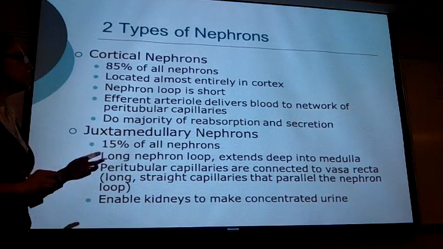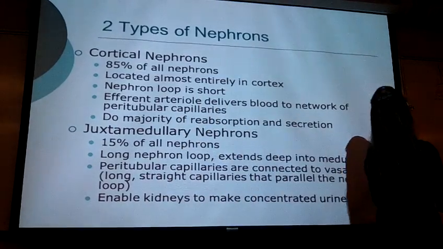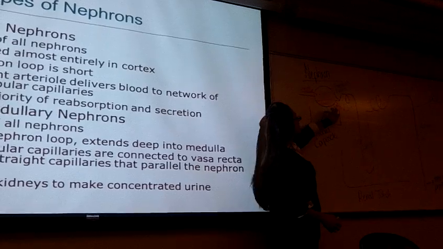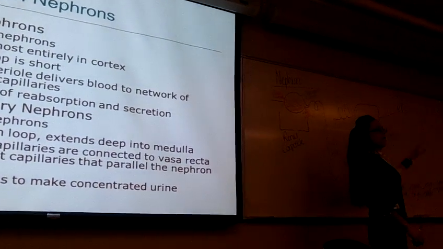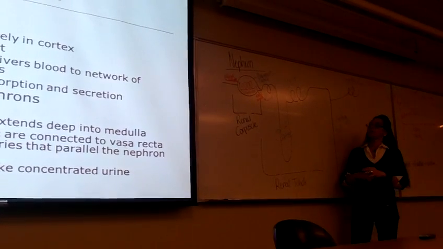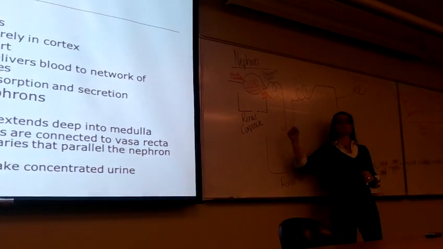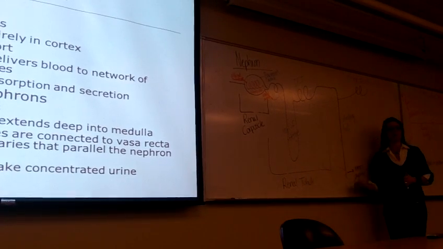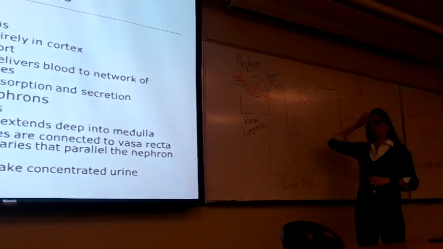We do not want our urine to look like our blood plasma or like the filtrate, because if it did, we would be urinating gallons and gallons of water every day, and we would be so dehydrated. So as the filtrate moves through the tubule, we want to reabsorb most of that water so that our urine is nice and concentrated, and that keeps us from being dehydrated.